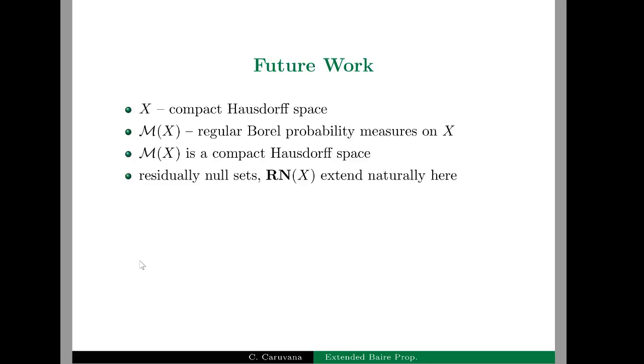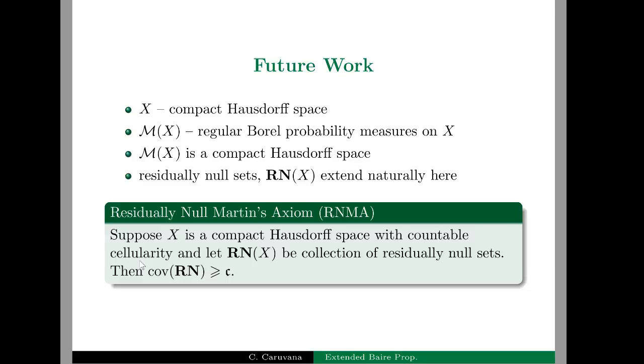I just look at the weak topology there. So my notion of residually null extends naturally. And since it's compact Hausdorff, there are also Baire spaces. So on and so forth, so nothing becomes trivial. And so I have this statement, as you may expect. It looks like Martin's axiom. If I have any compact Hausdorff space with countable cellularity, then I want to assert that the covering number of my residually null ideal is at least continuum.